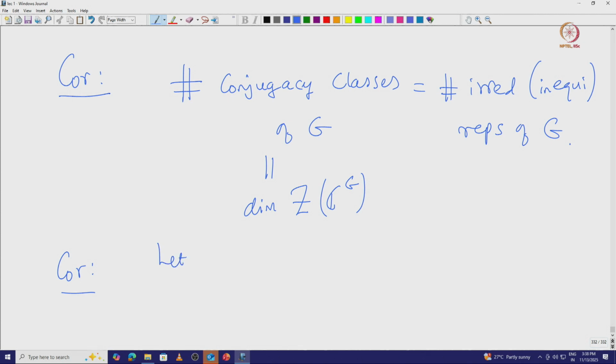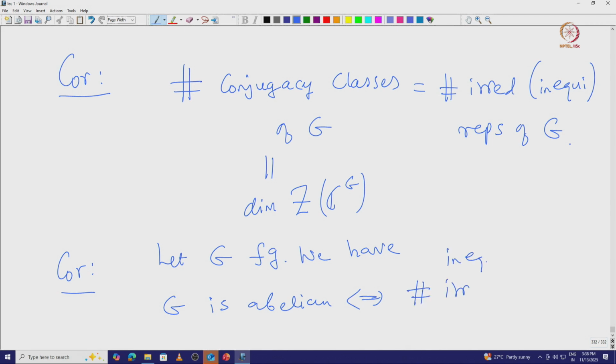If we start with a finite group, it is abelian if and only if the number of conjugacy classes is equal to the cardinality of G. That means the number of irreducible representations of G up to isomorphism is exactly equal to the cardinality of G. So these corollaries are immediate from the main theorem that we proved.